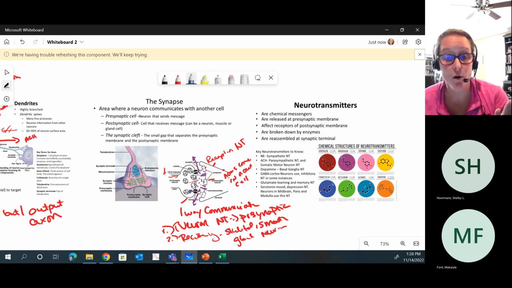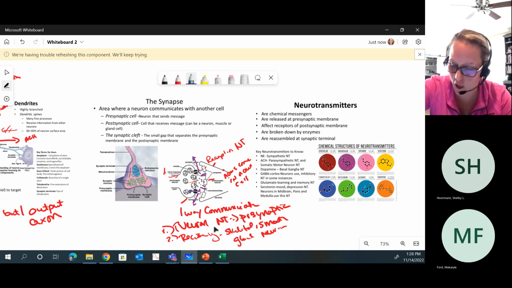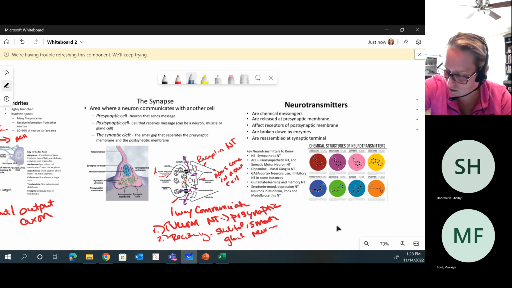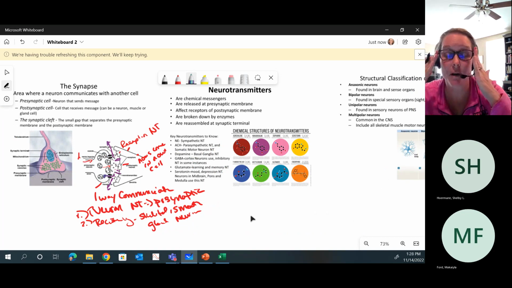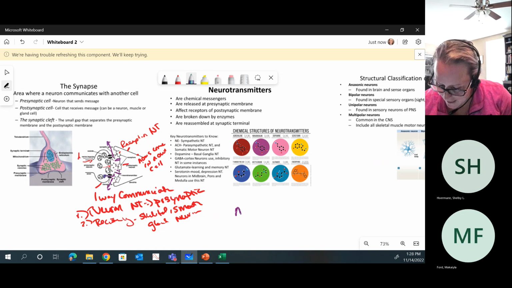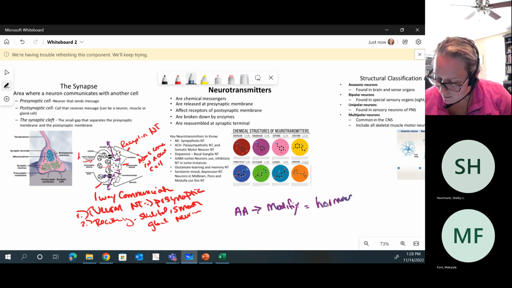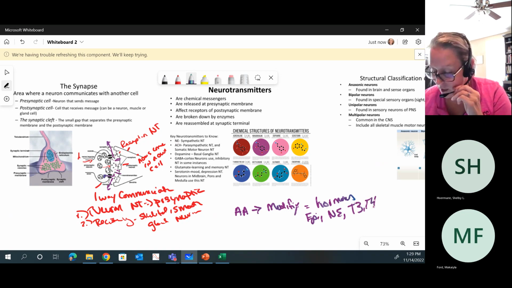Okay, so we just got finished with hormones, and we just learned that hormones come from certain types of root molecules. We have amino acids that we modify, and they give us some of our hormones like epinephrine and norepinephrine and T3 and T4, the thyroid hormones, okay?